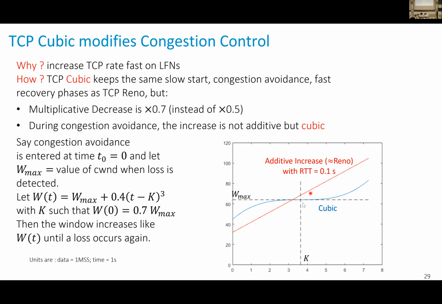And when we reach that flat part is exactly when we have reached the W max here. So the heuristic idea is that we increase in a concave way, because the cubic function is concave at the beginning until it reaches its inflection point here, and then it becomes convex. The computer science view is that first we start slowly until we reach W max, which was the same as before the loss here.